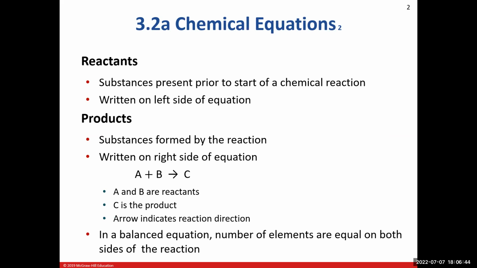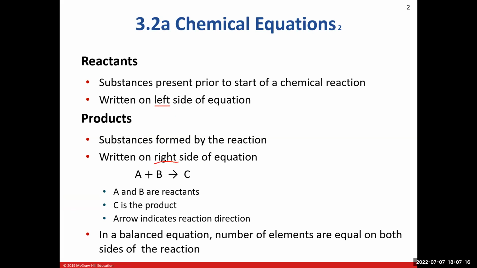Reactants are the things that we start off with, at the beginning of our chemical reaction, and we see them on the left side of the equation. Then we undergo a chemical reaction, and what we're left with are the products, the things that form during the reaction, on the right side of our equation.